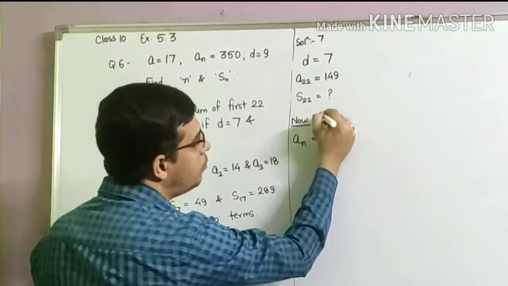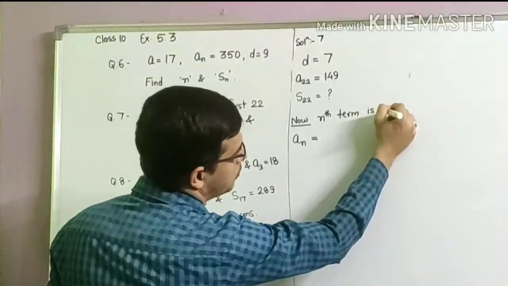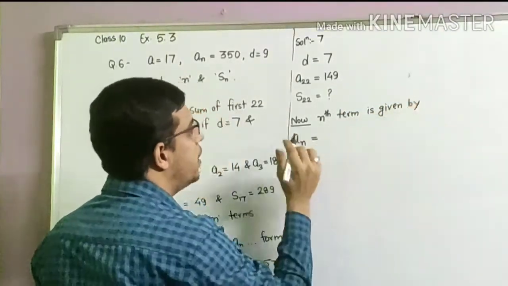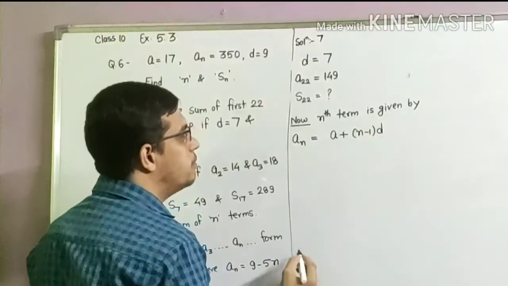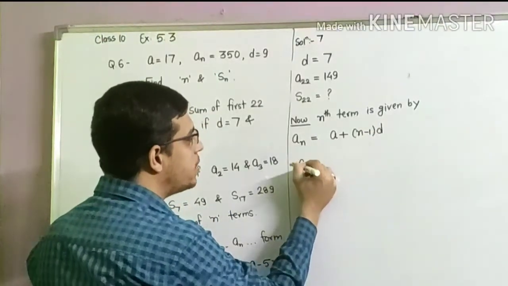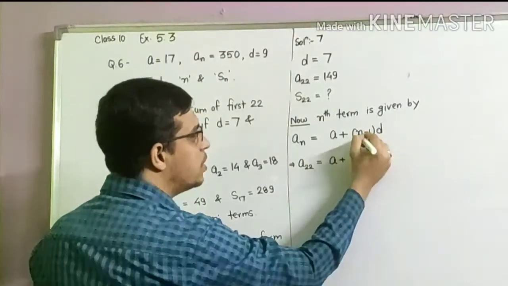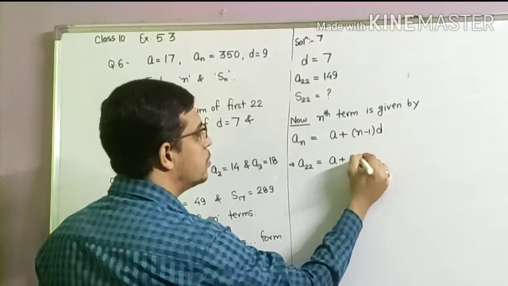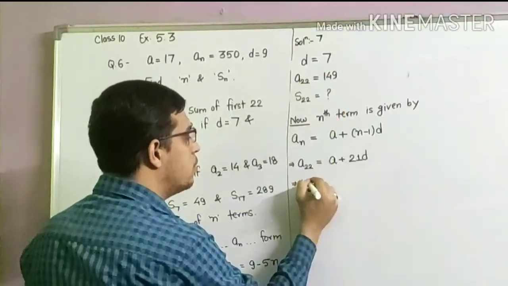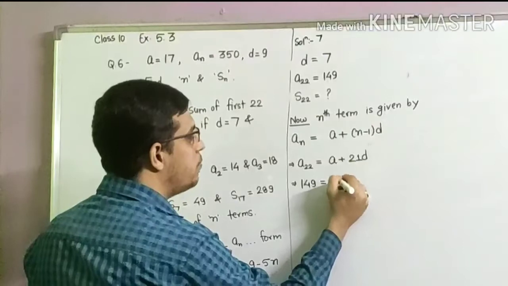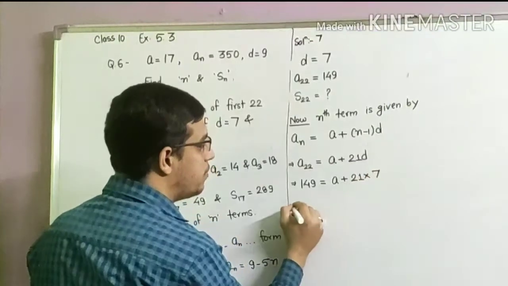Now nth term an is given by a plus n minus 1 into d. So if I write a22, this will become a plus 22 minus 1, that is 21d. a22 is given 149, a we don't know, 21, d is given 7.